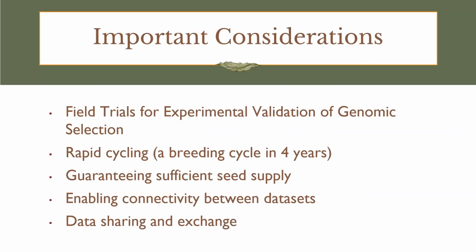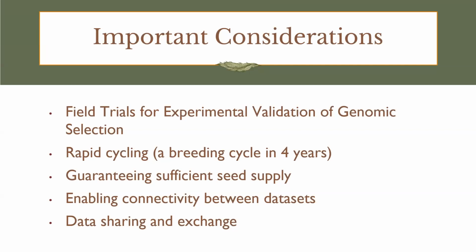And in those projects, we're really going to think about these important considerations, which include field trials for experimental validation of genomic selection, increasing the size of those field trials and the number of entries to make sure that we can develop training populations to support movement into genomic selection, working towards rapid cycling or a breeding cycle of reduced time to say 4 years compared to the 9 that we had seen previously.